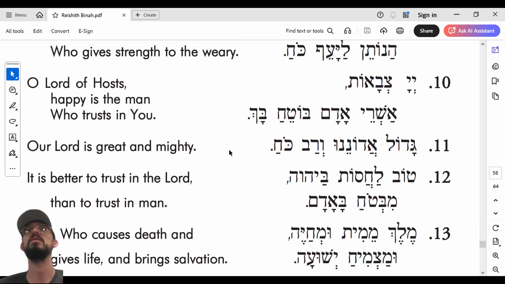Rav is like adding an adjective to something, like very strength, right? So it can be translated as mighty, Rav koach. Rav is like something that maximizes a particular adjective.